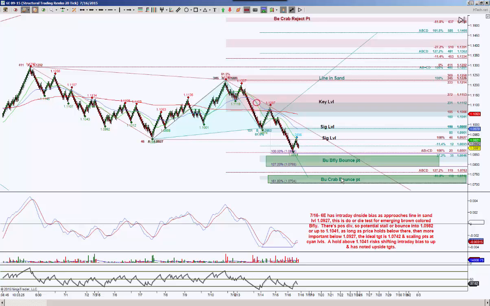Now, here is something interesting in that there are two ABCDs that correlate at this 1.0861. That's where we initially tried to go into retracement, right? So that really says a lot for weakness if we have a double ABCD and it just cannot get up to its ideal minimum retracement.